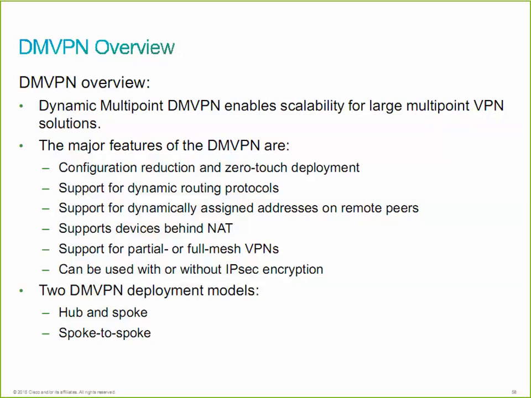It's not really an option. It's basically part of the DMVPN configuration. When I add a new spoke to the DMVPN environment, the next hop resolution protocol provides dynamic registration of that spoke, and the routing protocol, typically a dynamic routing protocol, provides the IP connectivity.